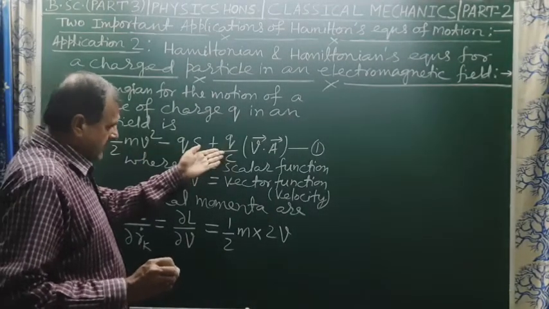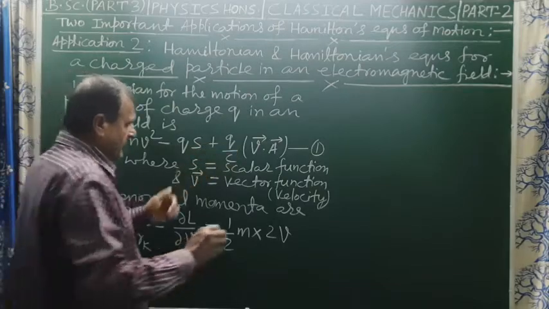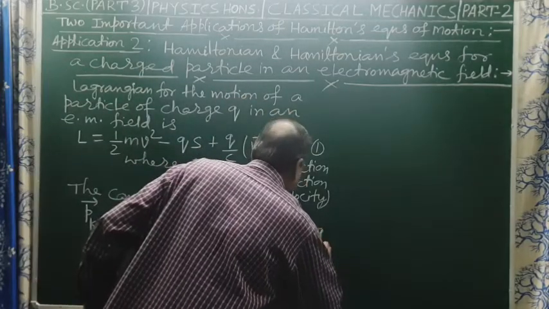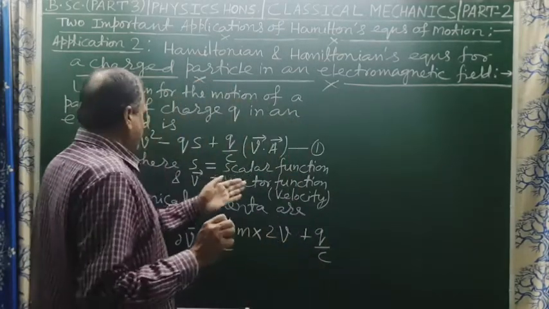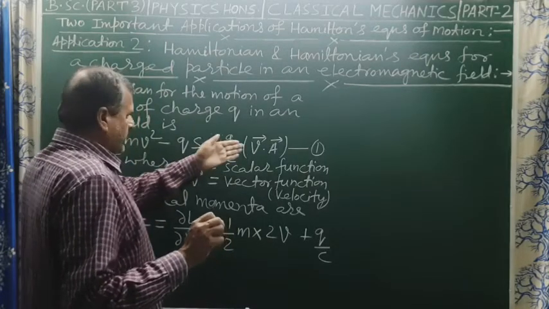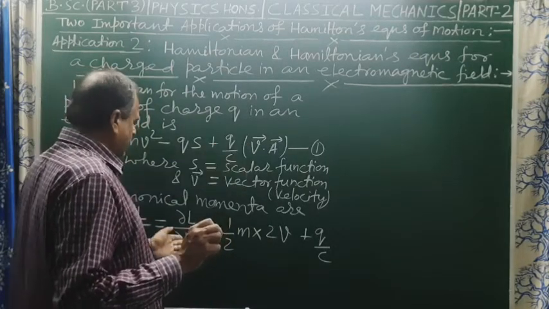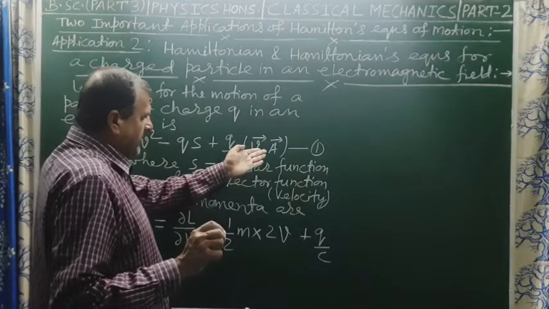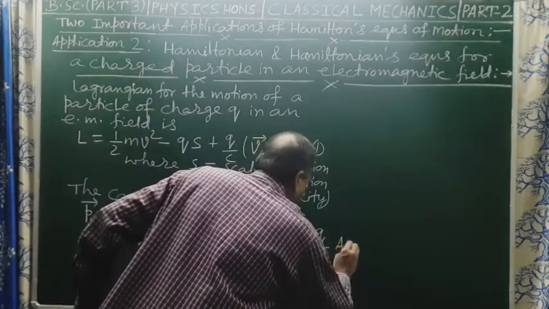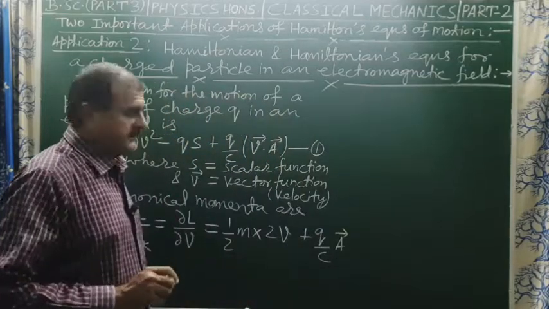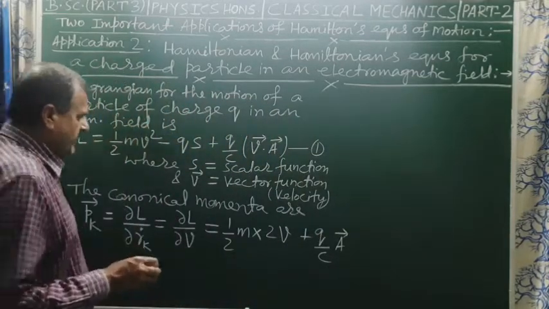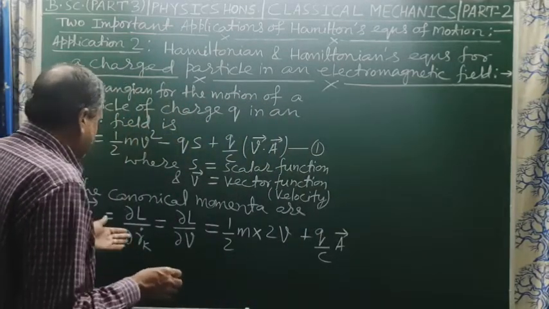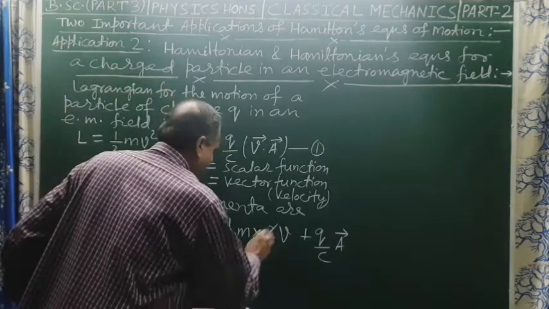And in the third term there is a velocity term, so plus q by c and delta v upon delta v, differentiation of v with respect to v, that is 1. So we will be left with only A vector, which is vector potential or vector function. We can generalize it, 2 and 2 will cancel out.